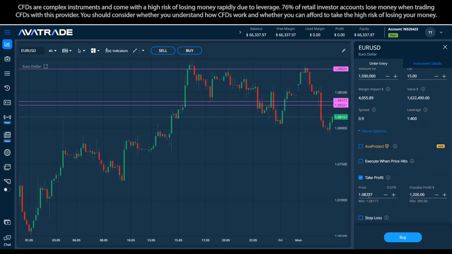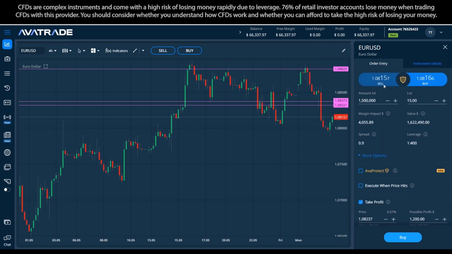I could have already set up trades in both directions prior to that to get an idea of what trade size I should use for the risk management that I want. So if I know the average range movement from the statistics we looked at was 20 to 30 pips or 30 to 40 pips, whatever it was, then I could have already programmed my take profit.